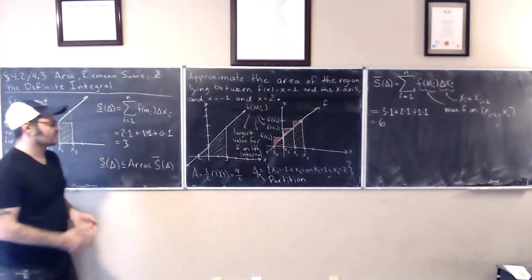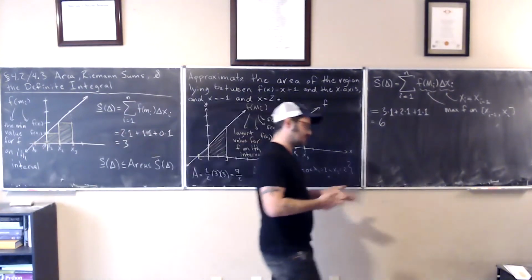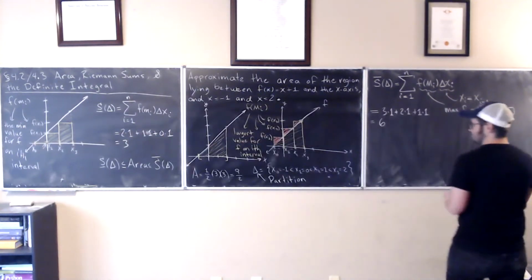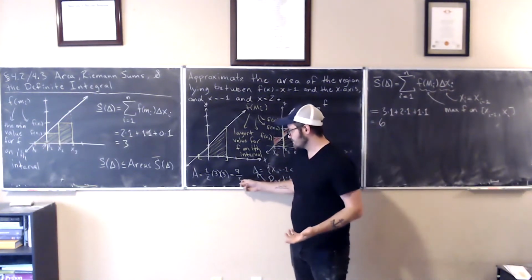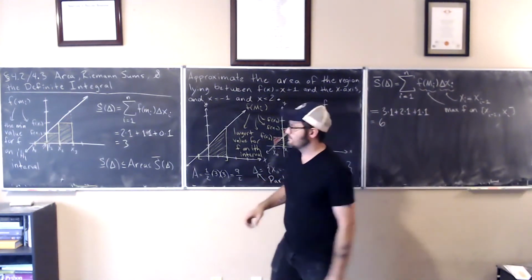And then the lower sum is always less than or equal to that area. But still, it's kind of annoying that we still aren't at 9/2, right?